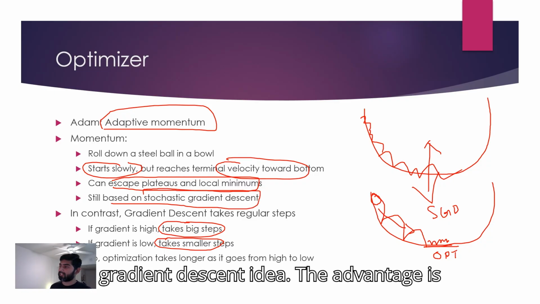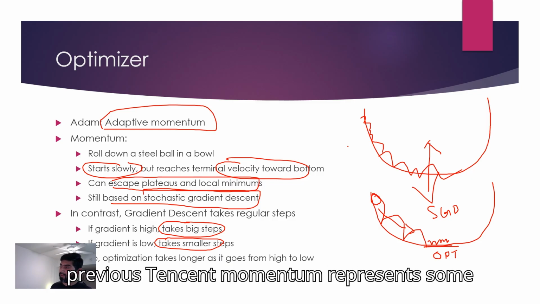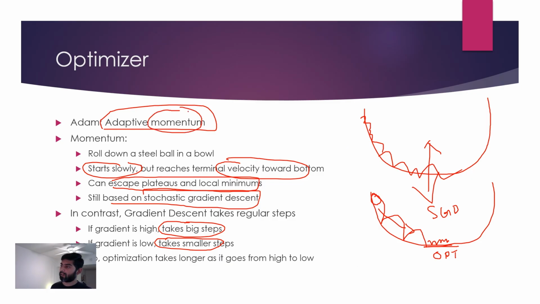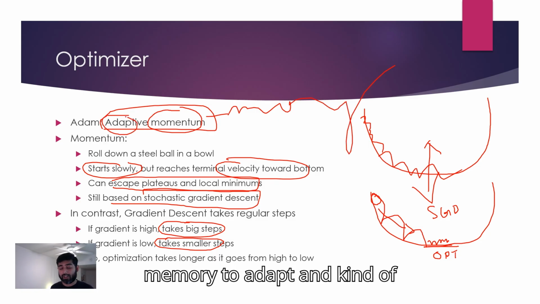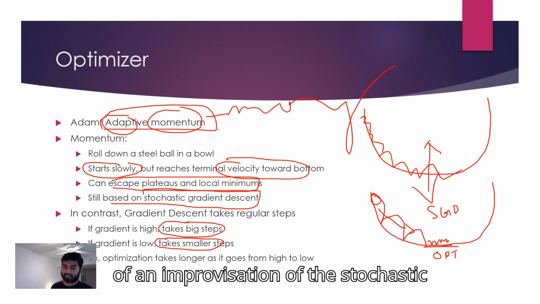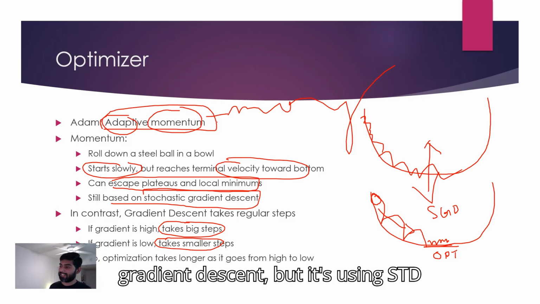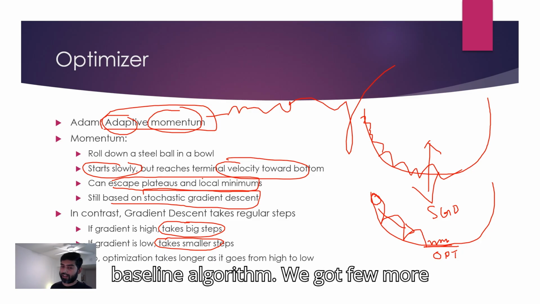The advantage is it has some level of learning from the previous tangent. Momentum represents some level of memory, and adaptive means it's using that memory to adapt and size its jumps. So it's an improvisation of stochastic gradient descent, using the gradient descent idea as its baseline algorithm.